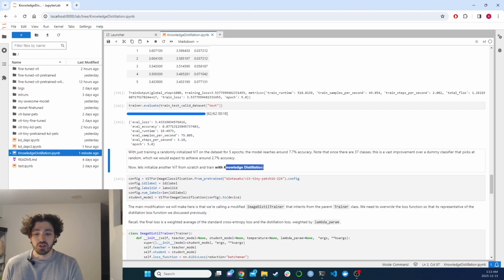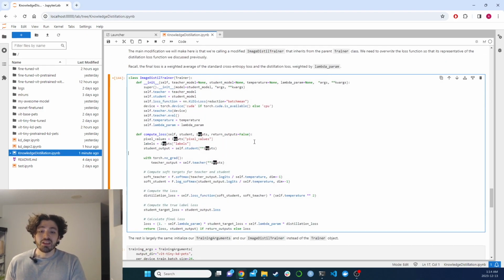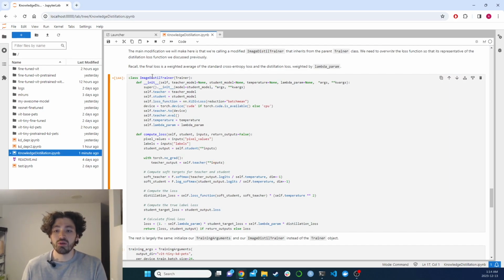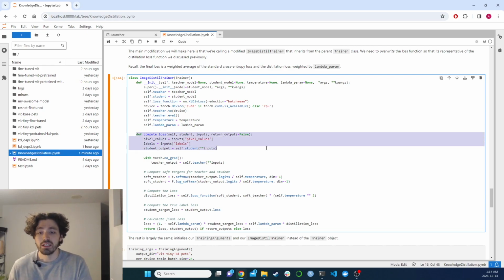Now, we're going to do it with knowledge distillation. So we're going to train our student model based on the outputs of a teacher model that we have been talking about for like 10 minutes. Again, the only thing that changes here for the Hugging Face Trainer is that we're going to have our own custom trainer inherit from the parent class Trainer, and we're going to override the compute loss function.